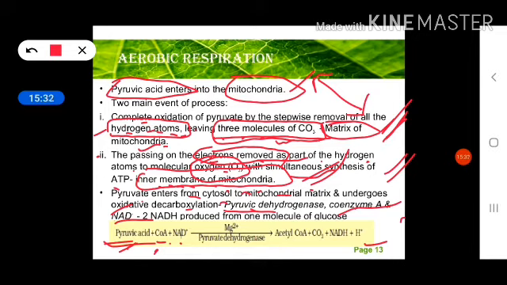After some time again CO2 is removed and one hydrogen is removed to produce NADH plus H plus, and then again at the 7th step, a phosphate is removed which is taken up by the ADP to produce ATP, and in this sequence succinic acid will be formed, which is a 4 carbon compound. Now after the succinic acid, again hydrogen is released. This hydrogen is taken up by the FAD to produce FADH2.